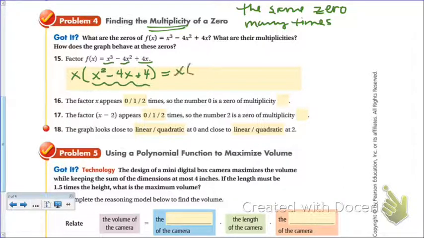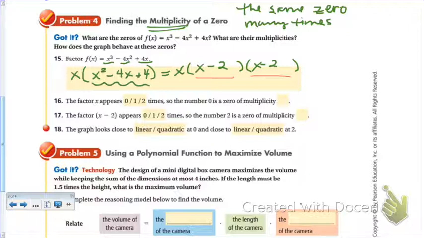I still have my x, and then that trinomial will factor into x and x give me x squared, and I need factors of 4 that when I add them give me a negative 4. That would be negative 2 and negative 2, because negative 2 times negative 2 is positive 4, and negative 2 plus negative 2 is negative 4. So we've got two factors here that are identical, which are going to give us identical zeros.